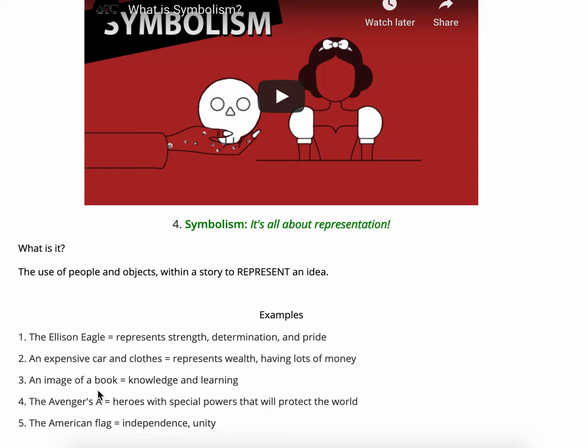An image of a book tends to be the universal symbol for knowledge and learning. The Avengers A, right? So if you're a huge Marvel fan, you know what that represents. That means heroes with special powers that will protect the world. But if you don't watch the Avengers, if you're like, Miss Garcia, I'm not that type of nerd, I'm not into that, it may not mean the same thing to you, okay? But that's what it's meant to symbolize.